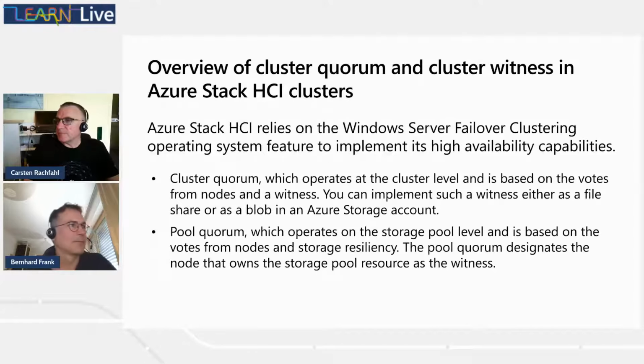We have two kinds of quorum in Azure Stack HCI: the cluster quorum and the pool quorum. The cluster quorum operates at the cluster level and is based on the votes from nodes and the witness. You can implement such a witness either as a file share witness or as a blob in an Azure storage account. Important, and that's on the next slide: a disk witness is not supported.